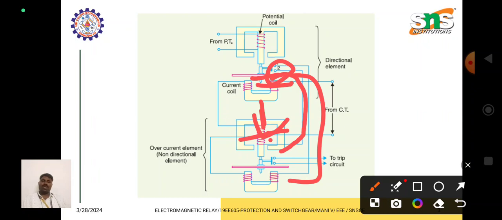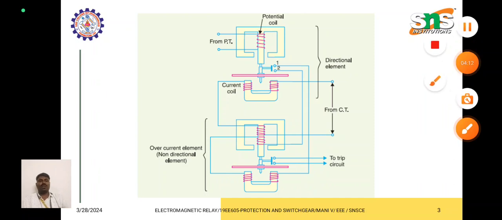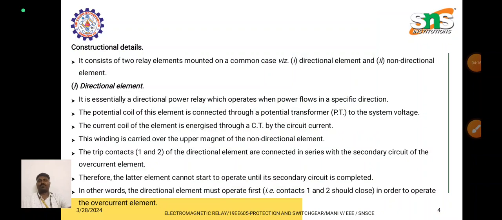Because of the induced flux, the two fluxes oppose, so the disc starts rotating, and once the disc tries to rotate, the fixed contact and moving contact touch, so that we can trip the circuit breaker.